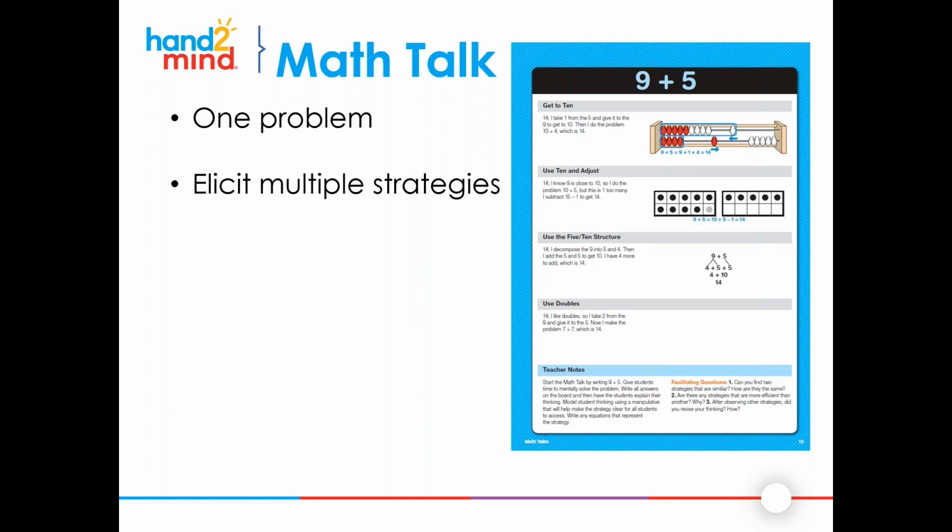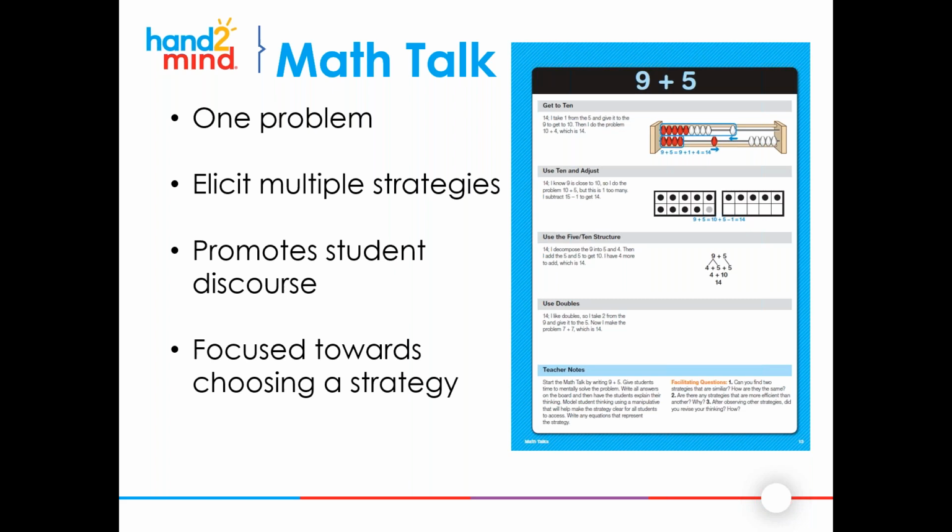We want multiple strategies to come out in a math talk. It is a time to promote that student discourse. We're having student discourse in number strings, but this is a time to really focus in on how are they solving that problem, looking for similarities in the problem, looking for differences in how other people are solving it.